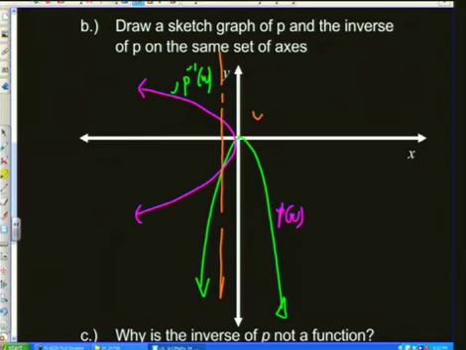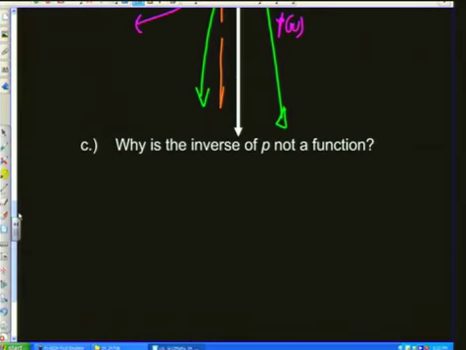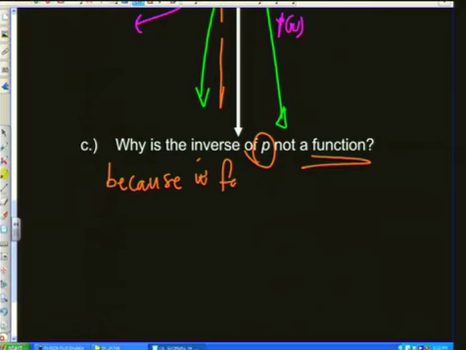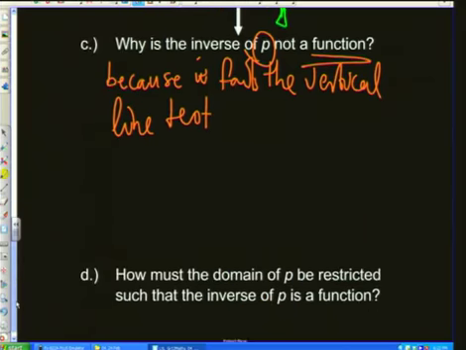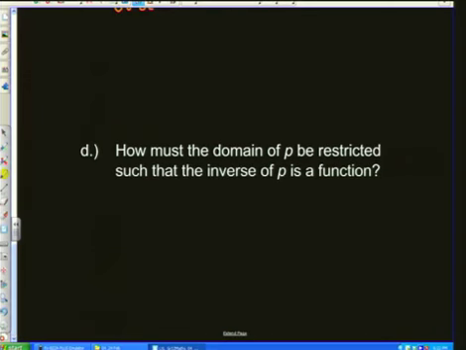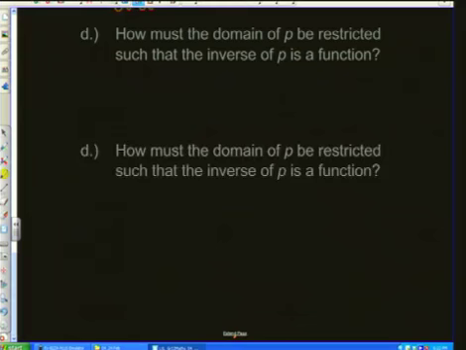Can you see that this one fails the vertical line test? So it is not a function. The inverse of P is not a function because it fails the vertical line test.